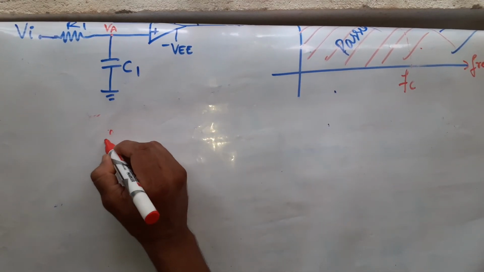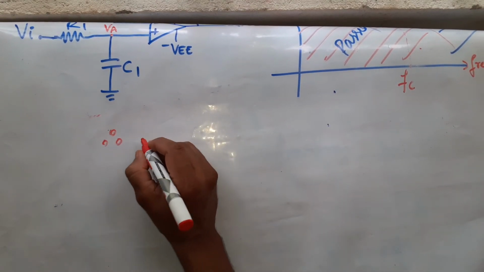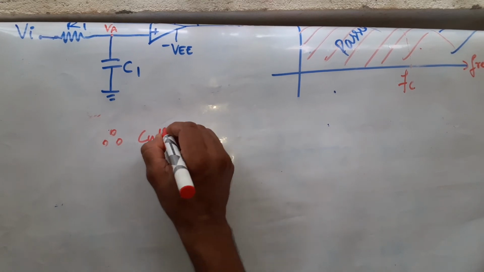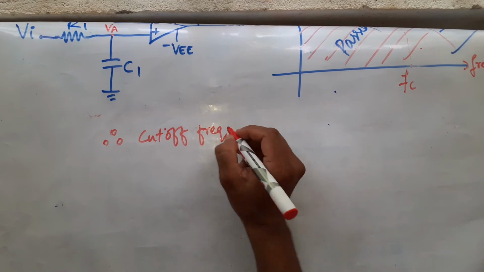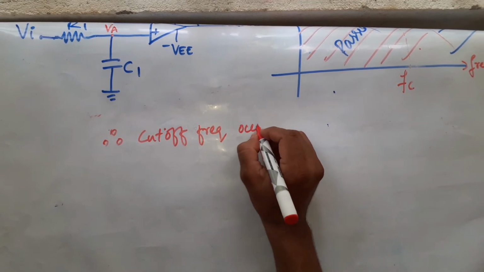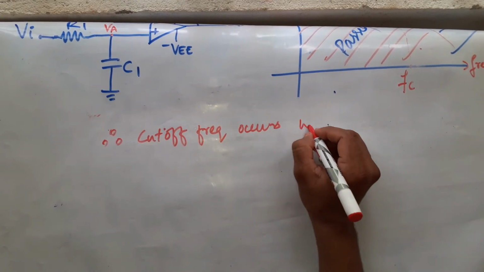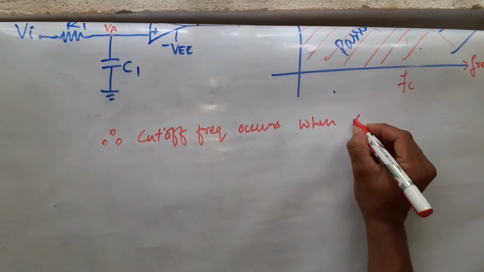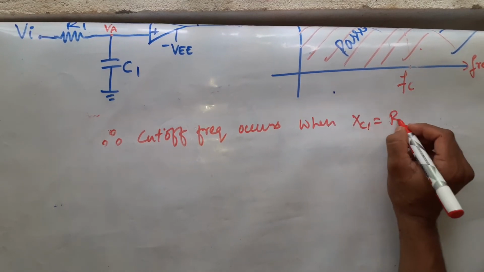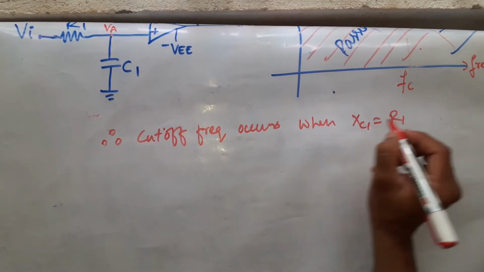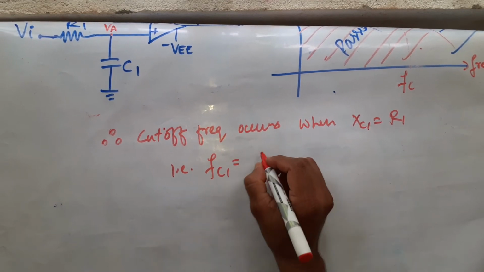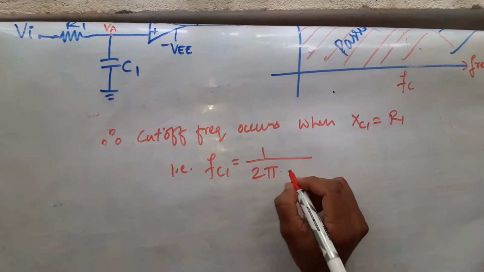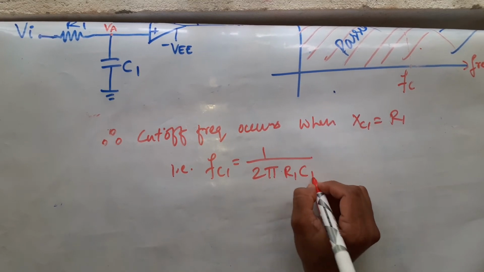Therefore, we came to know that cutoff frequency occurs when XC1 is equal to R1, that is FC1 equal to 1 over 2 pi R1 C1.